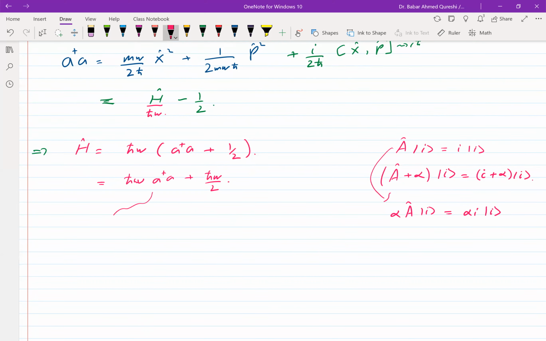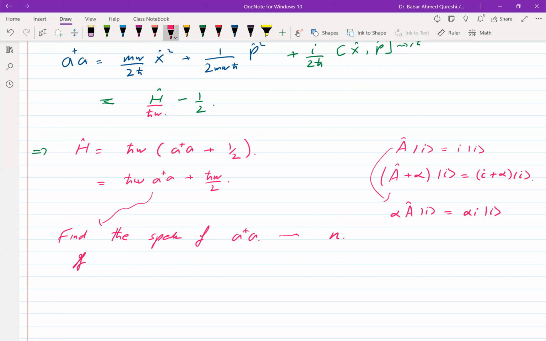So that means I can find the spectrum of these guys, whatever I get. So for example, I'm just going to call its eigenvalues n.